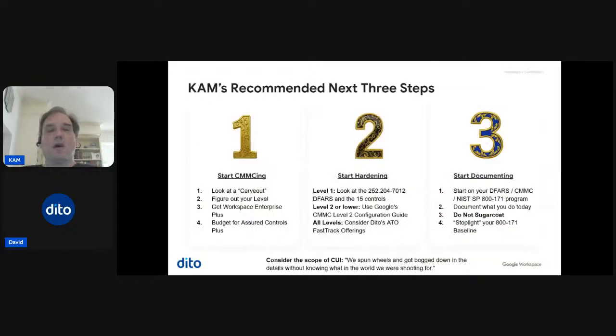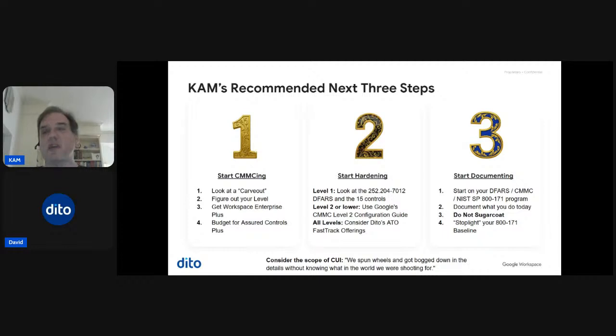So, what are your final 3 steps? This is really kind of the meat of today. What should you do if you're looking at CMMC, you're worried about it, you're trying to figure out what to do? Well, I think these are the 3 steps that you should take. The first one is that you should look at a carve out. Start thinking about what is the minimal people that you need to implement your CMMC program.